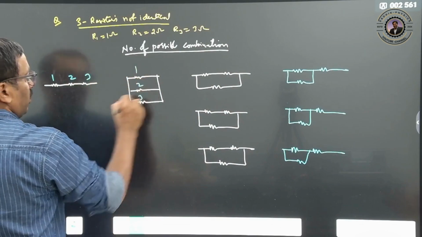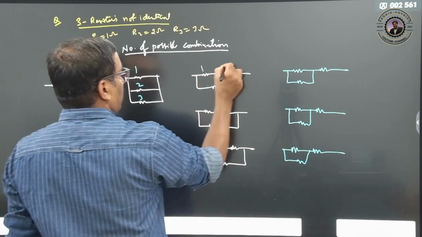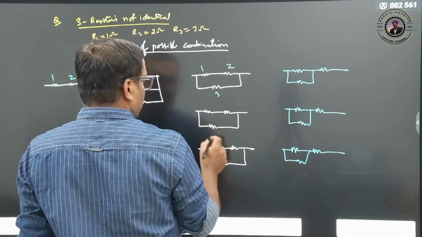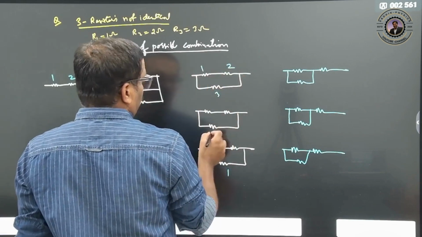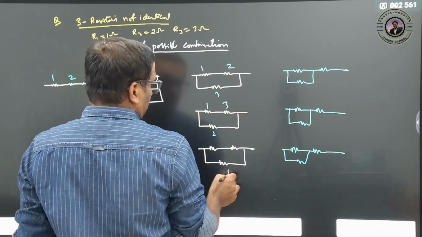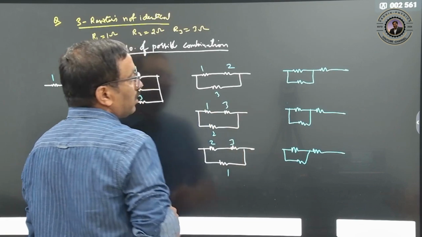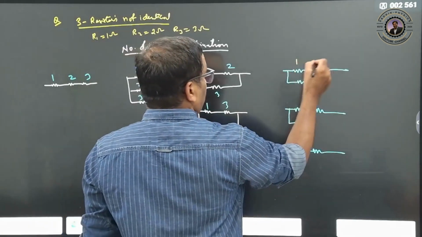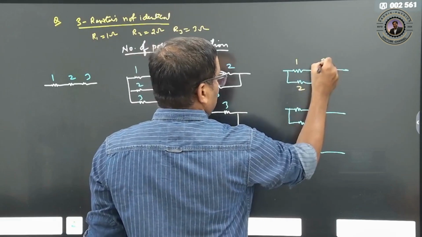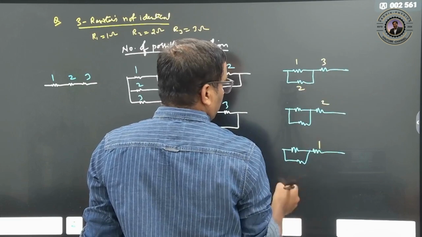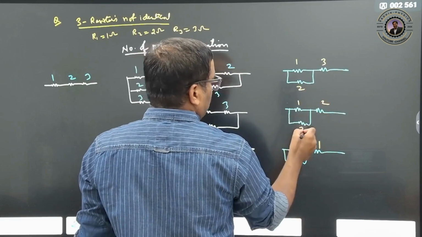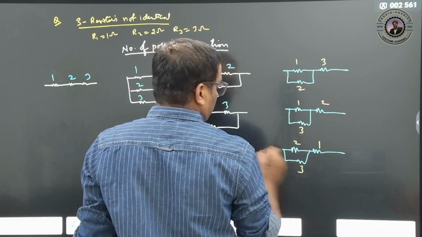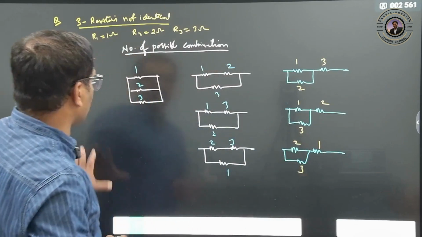Here 3 is there, here 2, here 1. Two with 1 and 3, one with 2 and 3. Clear? You can rewrite it as 1 with 2, 3, and 3 with 2 and 1, and so on. So all these are possible combinations.